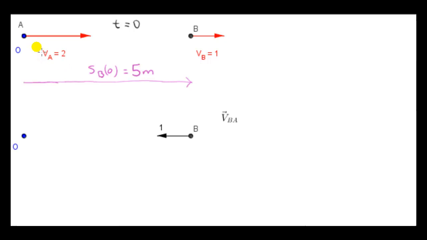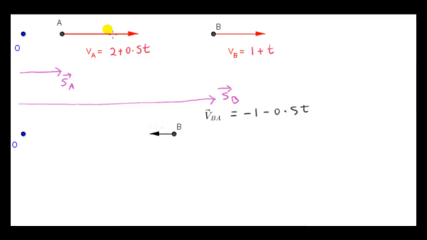Now we will consider the distance between the particles at any time t. In our example, the distance between the particles at time 0 is 5 meters. We will get a general formula for the distance between the particles at any time t, and we can use an alternative method to find the minimum distance between the particles.